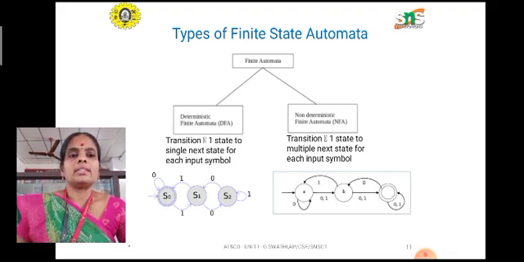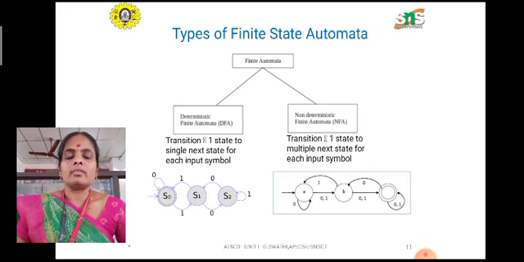Here we have several examples given: non-deterministic finite automata and deterministic finite automata. Comparatively, a non-deterministic finite automata will have several states with multiple transitions, but a deterministic finite automata will have a reduced number of states with finite transitions.